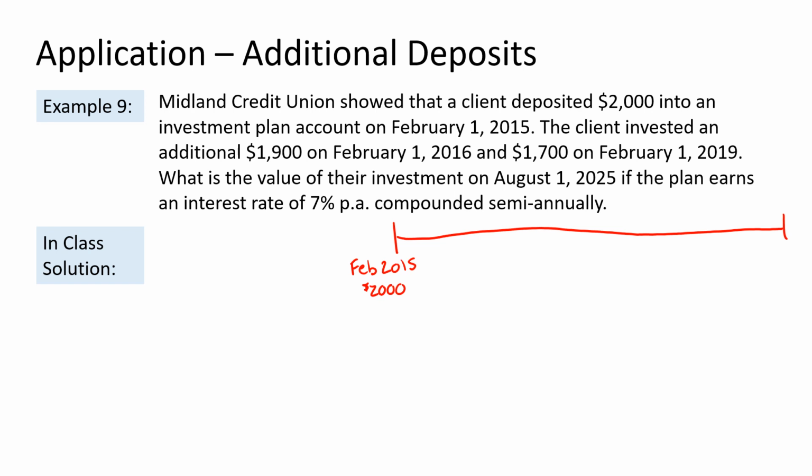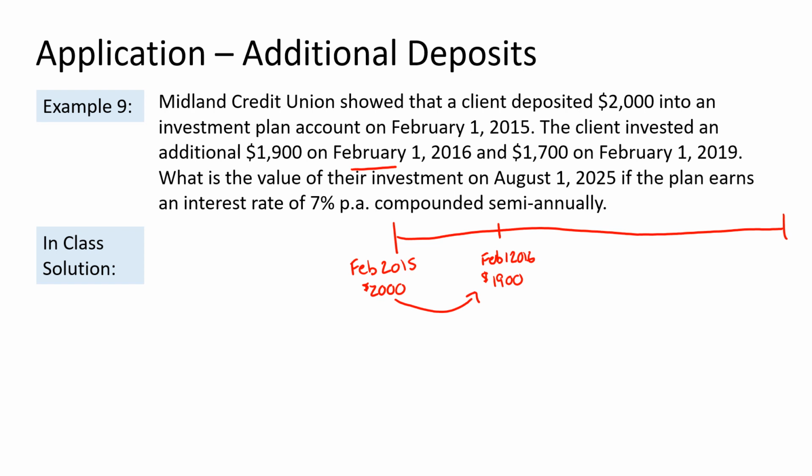Then exactly a year from today, Feb 1st, 2016, we added an additional $1,900. So we're going to have our $2,000 that earned interest to this point plus our $1,900.